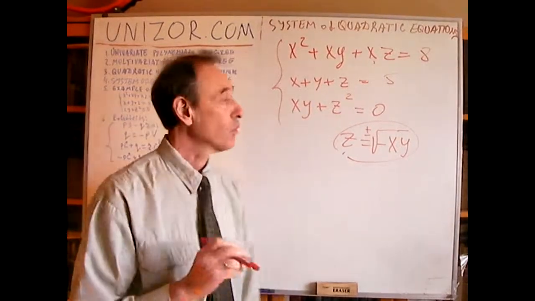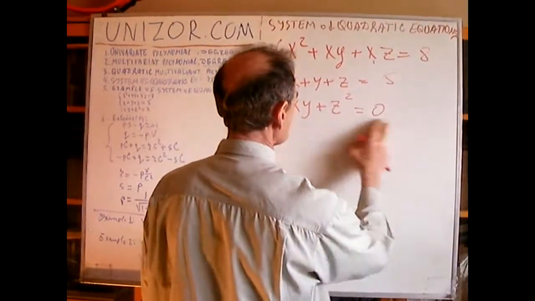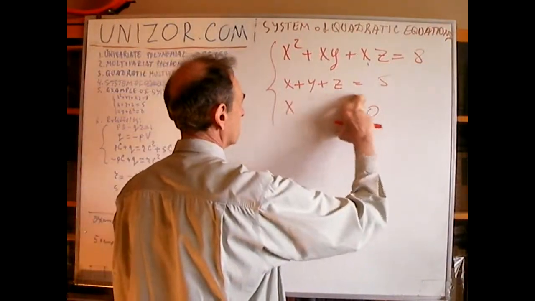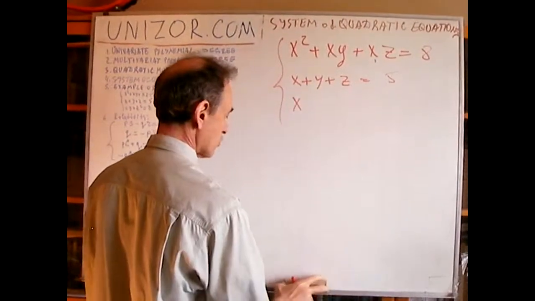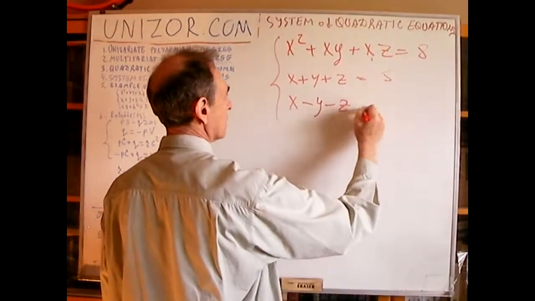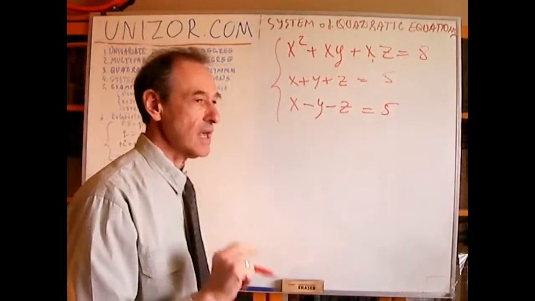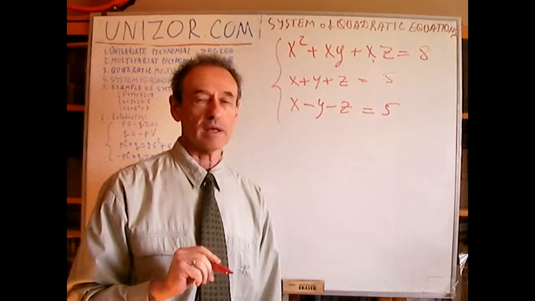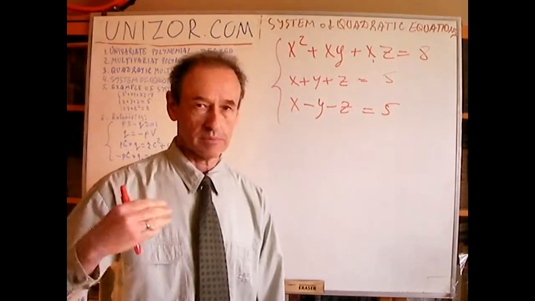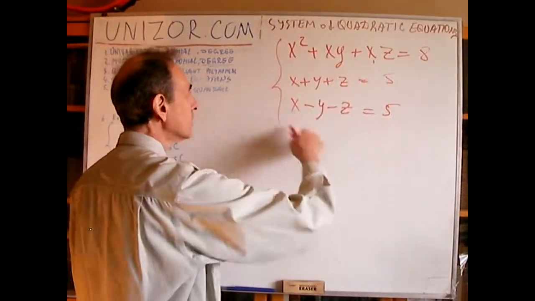One case is, what if in my system I have one equation of the second degree like this one, and other equations, all other equations, are linear. Something like this. In this case, the situation is easier and it can be actually solved basically algorithmically. I mean, there is a way to do it. How to do it? Well, take a look at the linear equations.